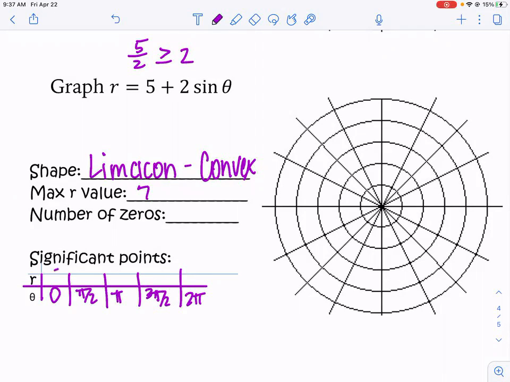So when we plug in 0, we get 5. The sine of pi over 2 is 1. So when we plug in pi over 2, we get 7. The sine of pi is 0. So here we get 5. The sine of 3 pi over 2 is -1. So here we get 3.